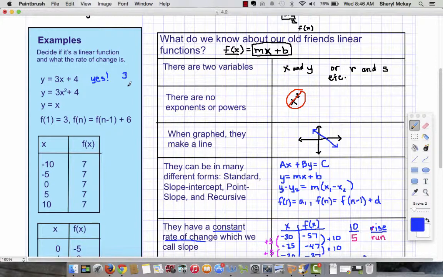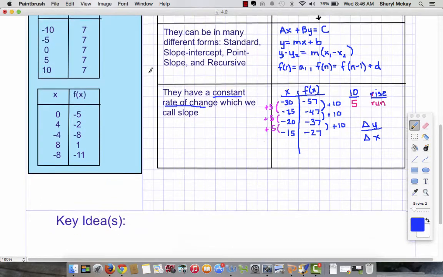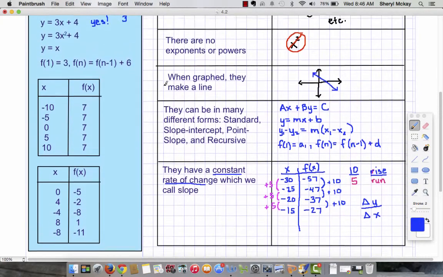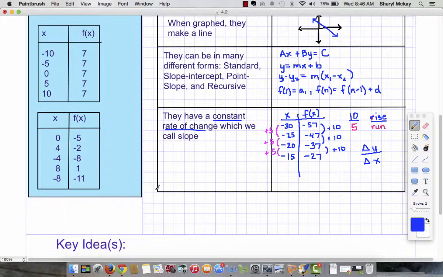Now, if you were unsure, you could have always plotted some points. Let me see if I can find a place to do this. I'll do it down here. We said it was 3x plus 4. You could have actually created a table and looked to see if there were equal differences over equal intervals. So if x is 0, 1, and 2, and I plug those in, when x is 0, y is 4.